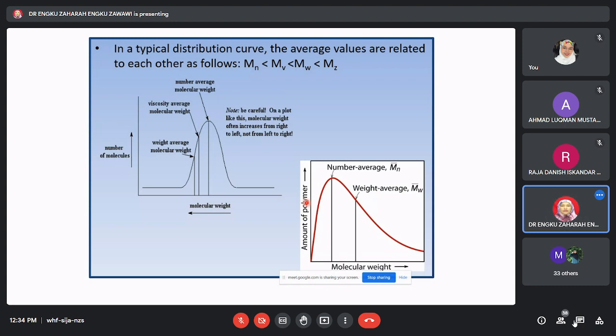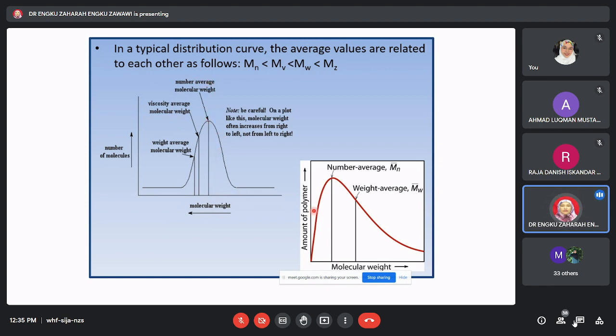Okay, so this is a typical distribution curve lah untuk average molecular weight values related to each of the following. Okay, so kita akan ada number of molecules and this is the molecular weight. So this is average molecular weight. Okay, average molecular weight, viscosity average molecular weight, number average molecular weight, dia punya yang tengah ni.